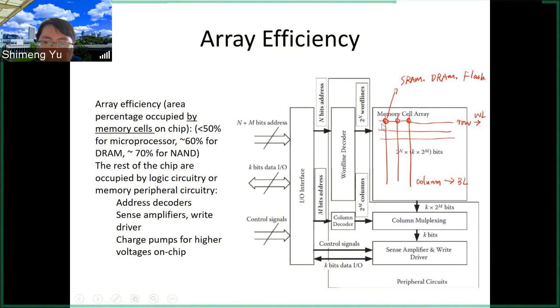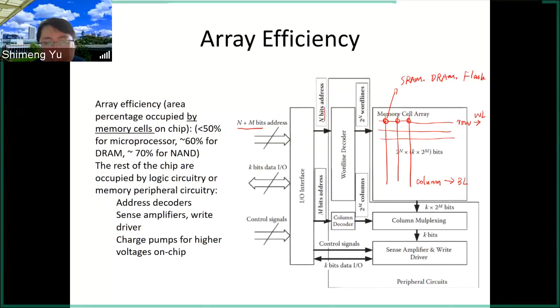Here we're going to discuss the address bits to control the row and column. The input to the memory chip will have n plus m bits. The n bits is for the row address.